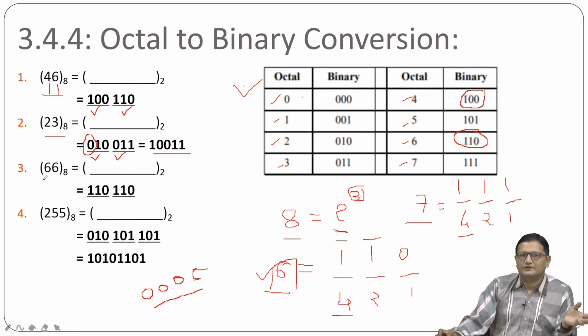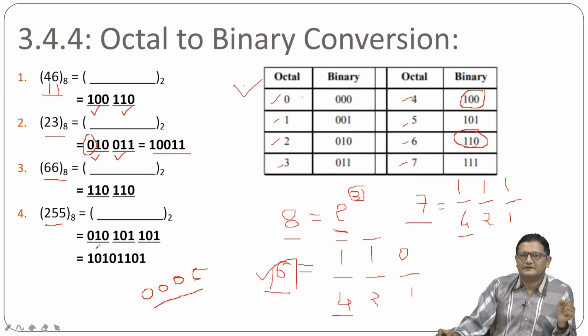Similarly, 66 octal number is given, so you see the binary of 6, that is 110. So you need to write 110 110, and there is no 0 at the left hand side, so you just write 110110 binary. Similarly, suppose this number is given to you, 255.